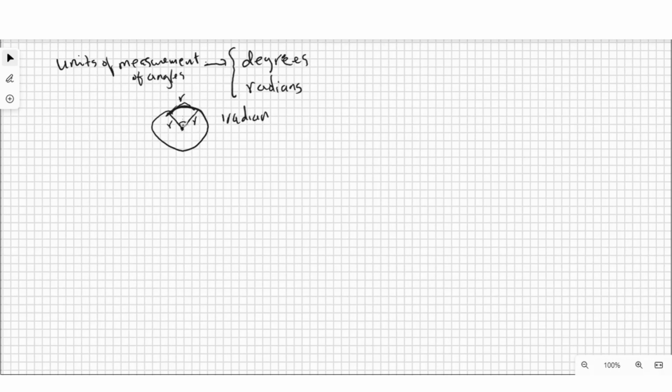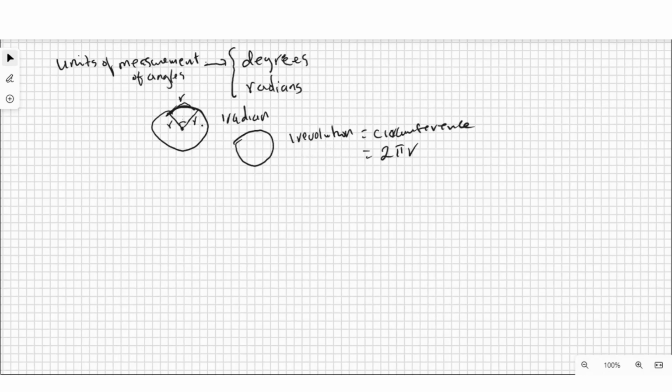So if my central angle is 360 degrees for the whole angle, then it will be the circle, the circumference. So 1 revolution, which is the circumference, and the circumference we know is 2 pi r. Therefore, how many radians do we have?